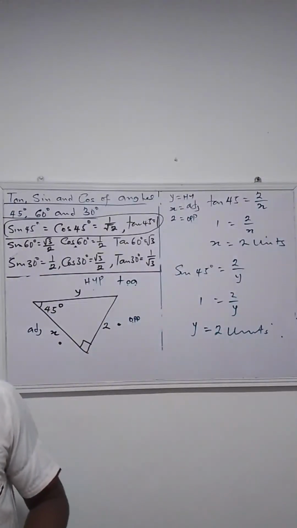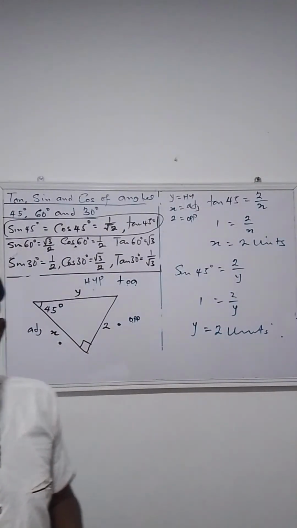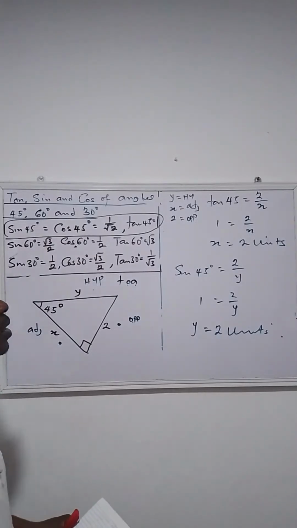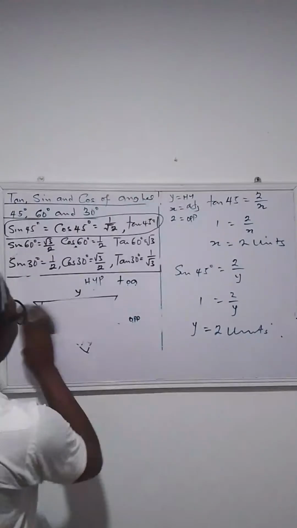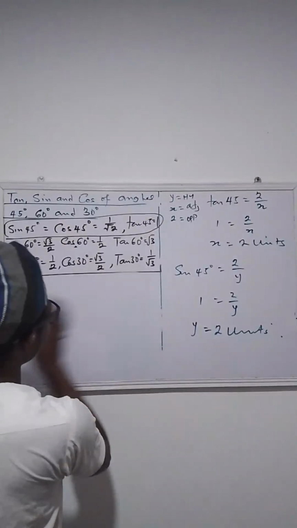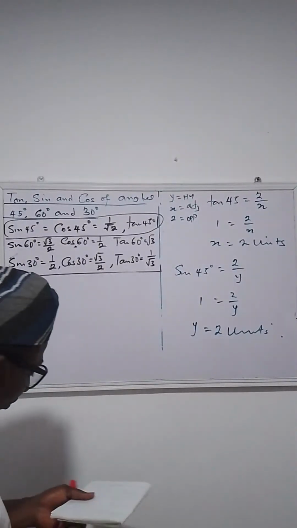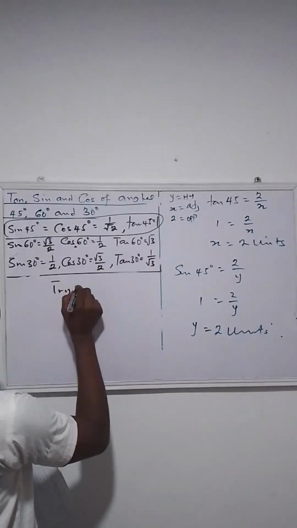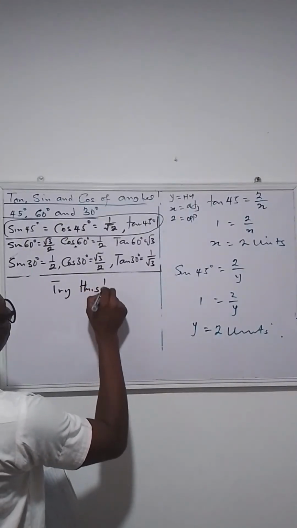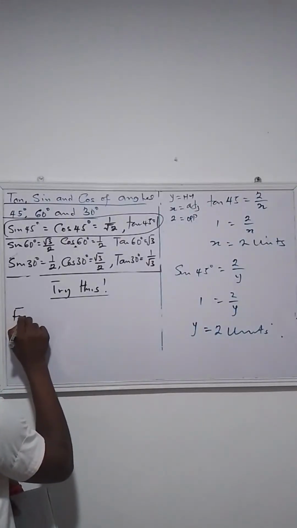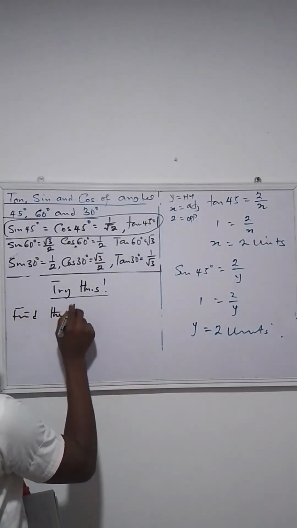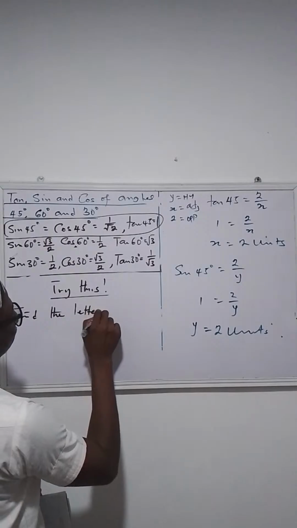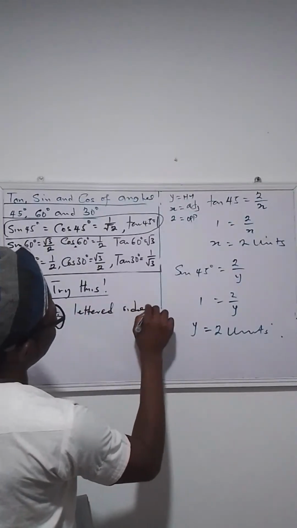All right, now before I move further, I'm going to give you one to quickly try in a minute, and then we continue with the class. Now try this. Find the lettered sides.